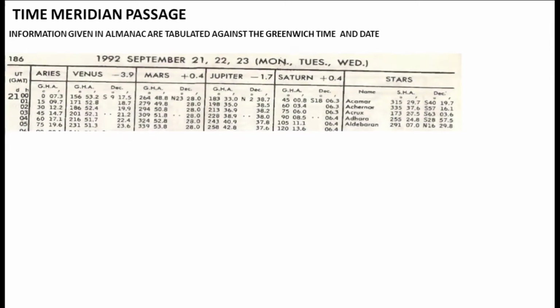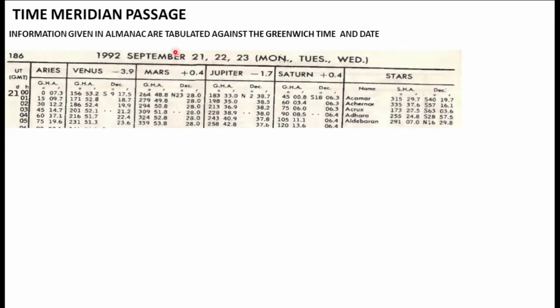Now, time of meridian passage, how do we go about finding it out? In almanac, all the information that is given there is all tabulated against GMT date and GMT time. This is one of the pages of the almanac here. You can see GMT day and GMT time.